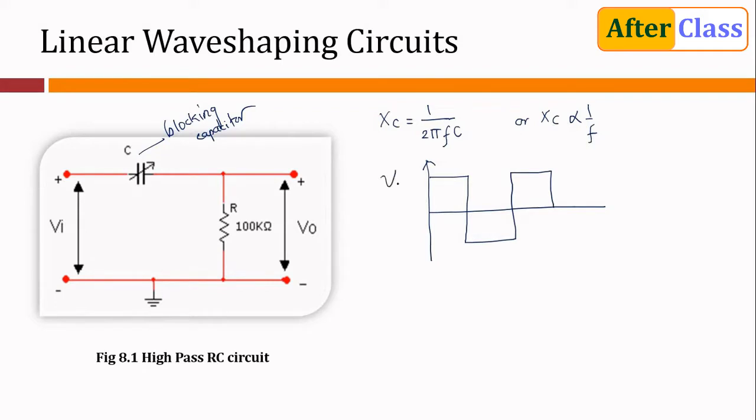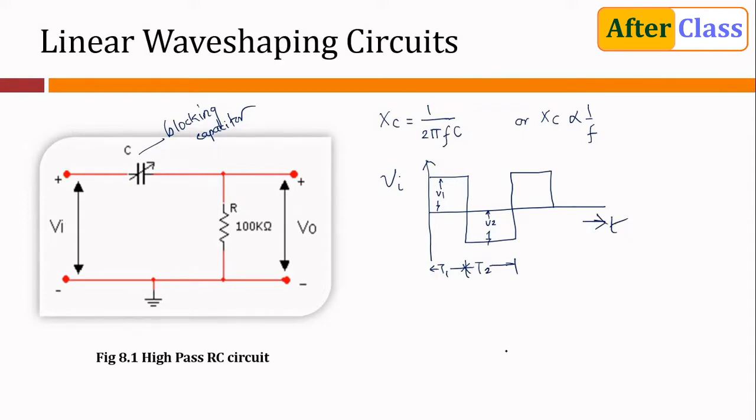Let me write this as Vi, and these are the voltage levels V1 and V2, and let us mark this as time T1 and this as T2. If it is a square wave, then T1 has to be equal to T2, with respect to time t.